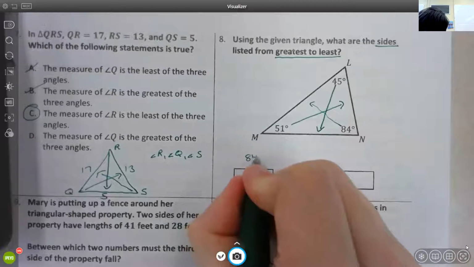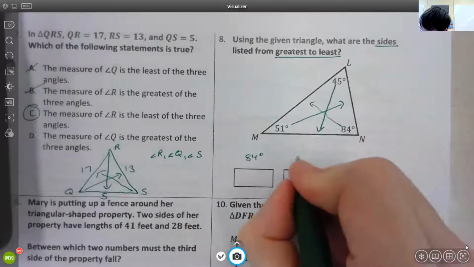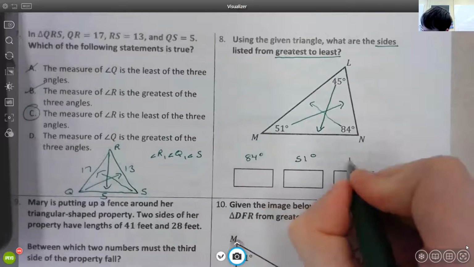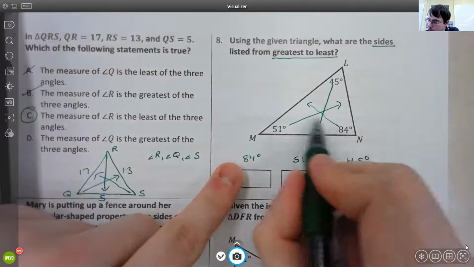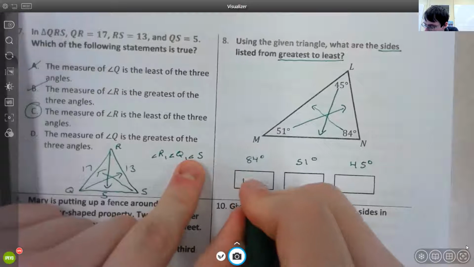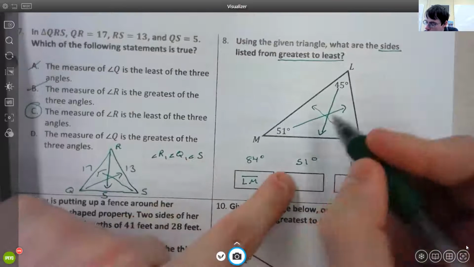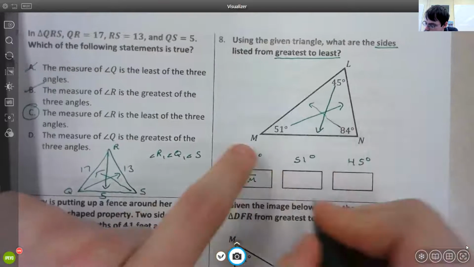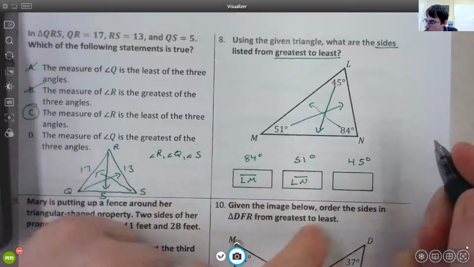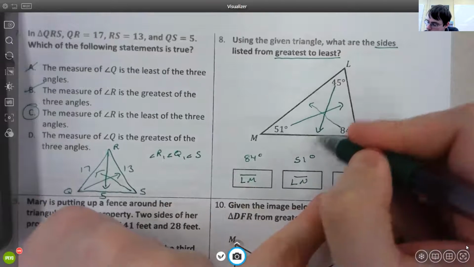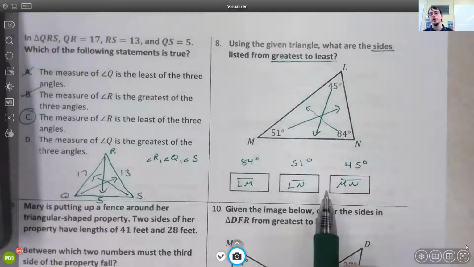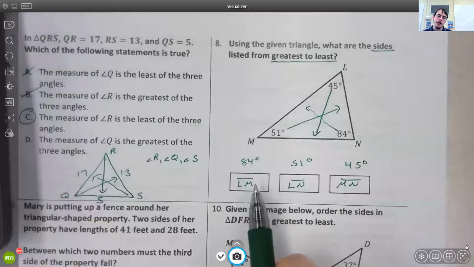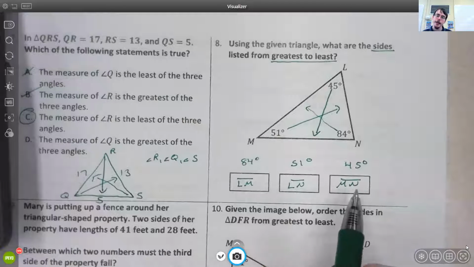So we have 84 degrees, then 51 degrees, then 45 degrees. 84 degrees is opposite LM. 51 degrees is opposite LN. And 45 degrees is opposite MN. Now you could also have these written out the opposite way. You could have ML, NL, NM. They mean the same exact thing.